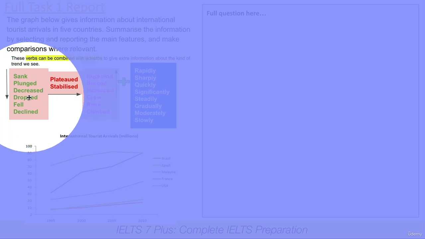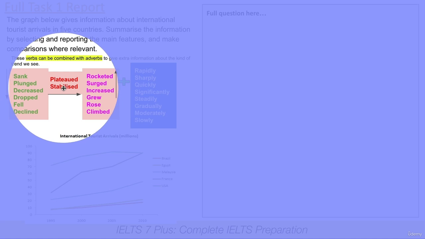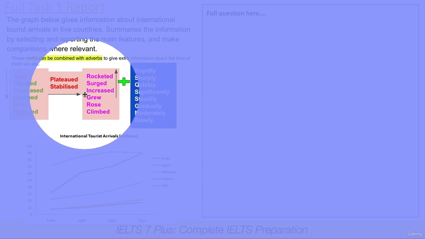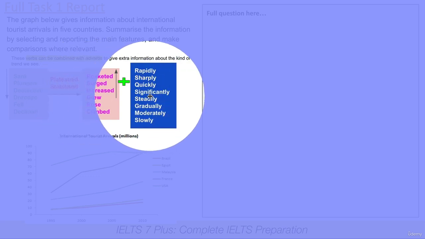Words that can help us with synonyms for decreased. So we've got words like fell, declined. Then in the middle here, when something doesn't change, you can say plateaued. That's a great word, stabilized. And then we've got words for when something increases. So rocketed, climbed.